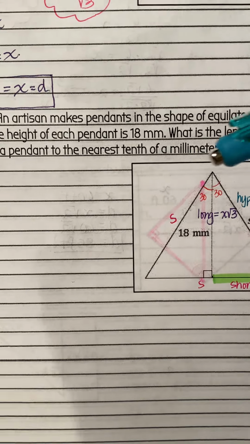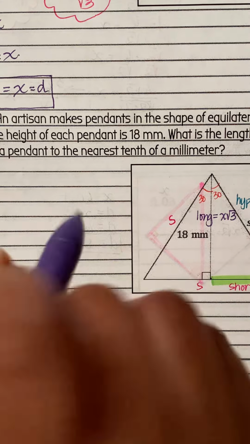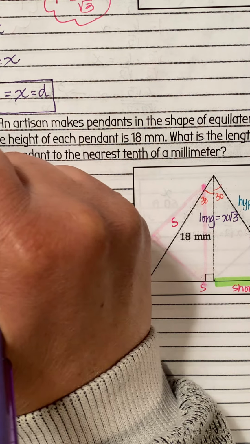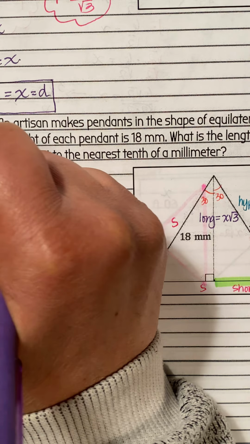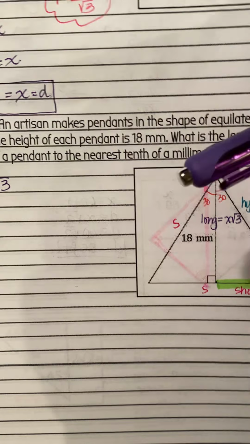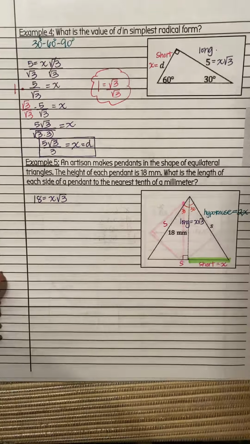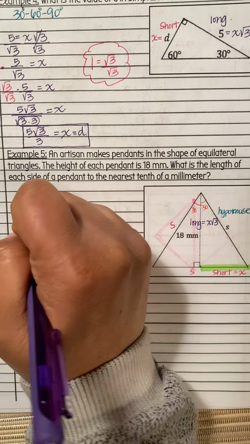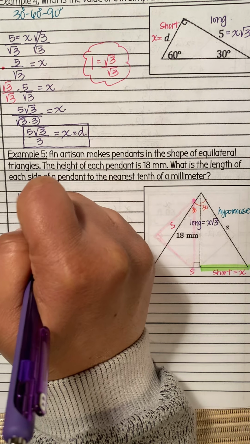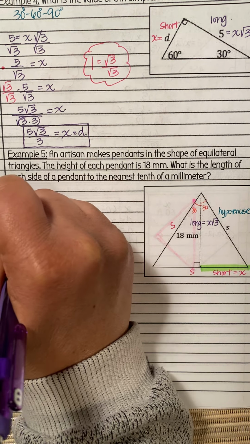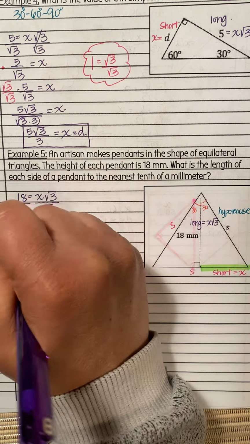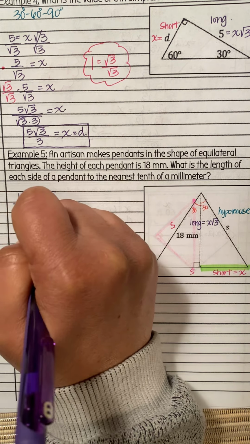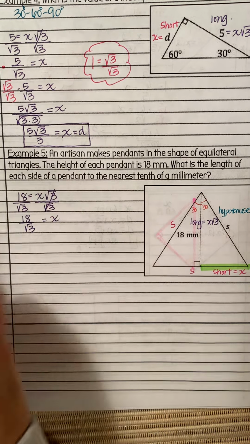So let's write that in over here. 18 is equal to x times the square root of 3. And let's zoom out some. There you go, sorry. Now we're going to solve for x. Divide each side by square root of 3. I'm going to end up with 18 over the square root of 3 is equal to x because they cancel.